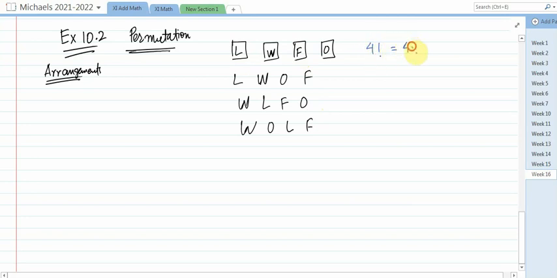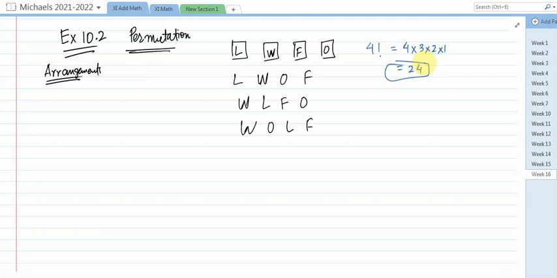It is 4 into 3 into 2 into 1, which is equal to 24. So there are 24 possible ways in which we can shuffle the letters L, W, F, O. I have shown you only 4 examples here.